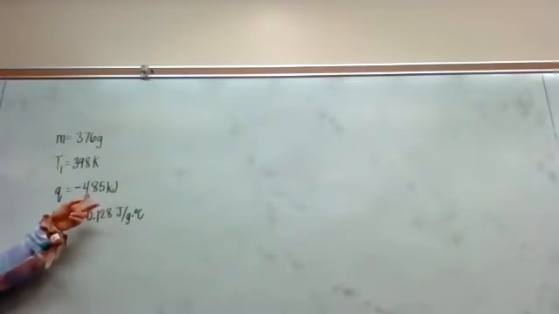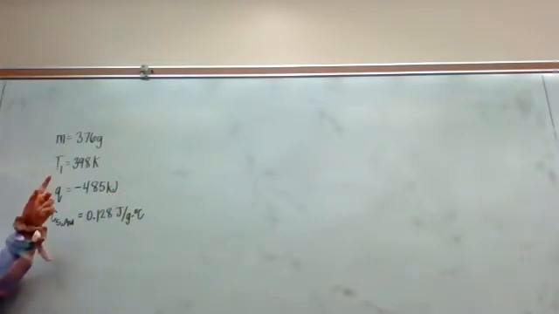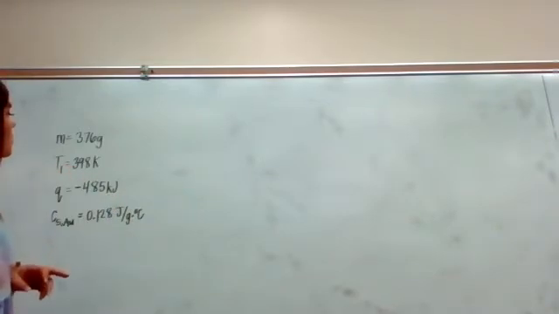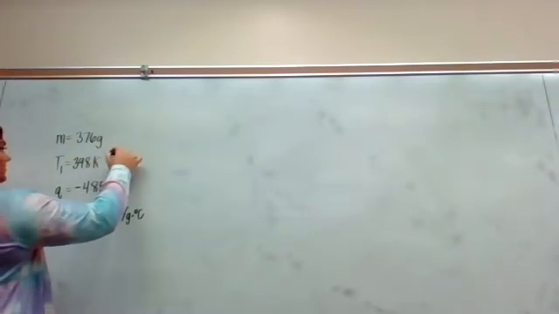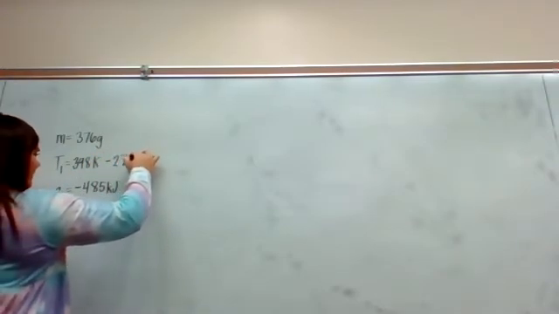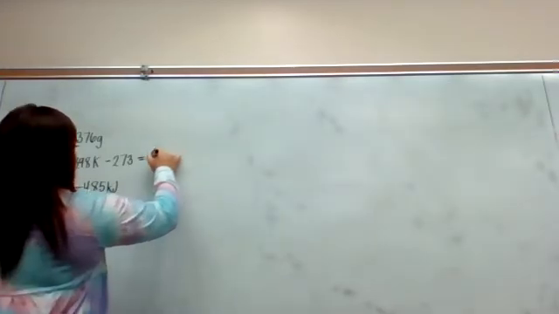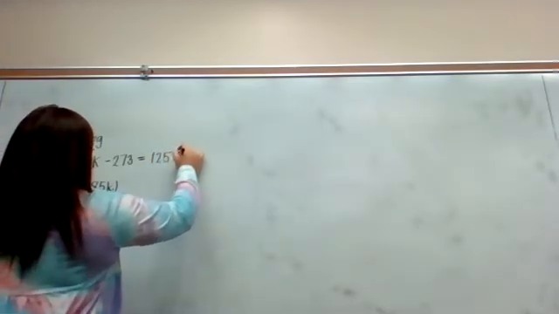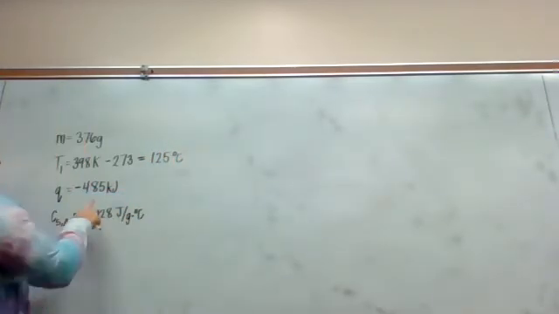So I need this Q to be in joules, this temperature to be in degrees Celsius. To get your temperature in degrees Celsius, you just subtract 273. That's 125 degrees Celsius.